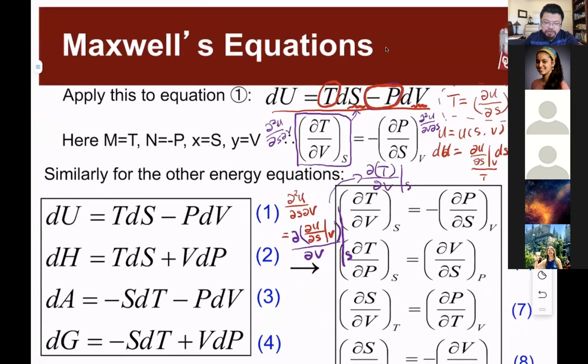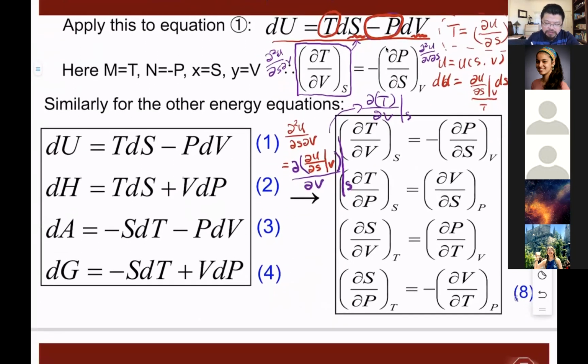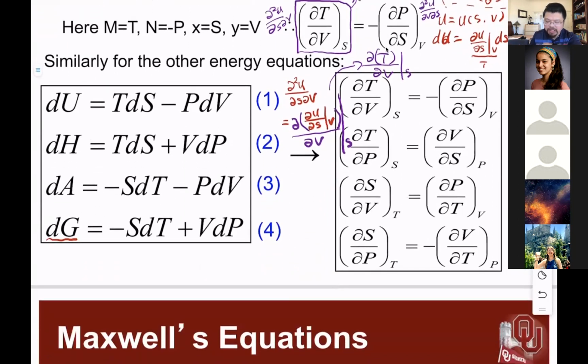You may want to practice on your own side, but let's do this on the Gibbs energy. Let's try to work together on this limited space. So we have G as a function of T and P. So we know this dG would be the partial derivative of G with respect to T, keeping pressure fixed, dT, plus dG over dP, keeping temperature fixed, dP, right?